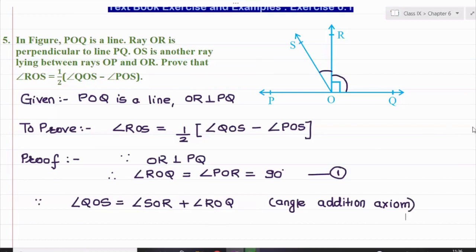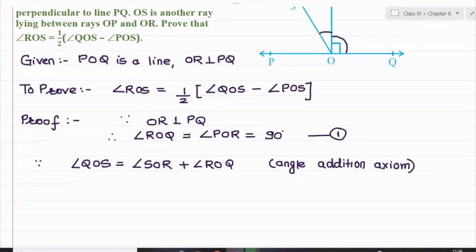Now let us see how we can go further. First of all, angle ROQ and angle POR both are equal. So I will continue with the same equation. Angle QOS is equal to angle SOR plus angle ROQ.